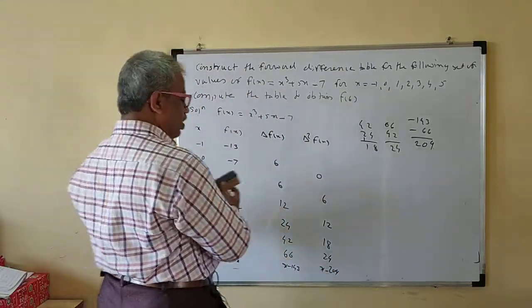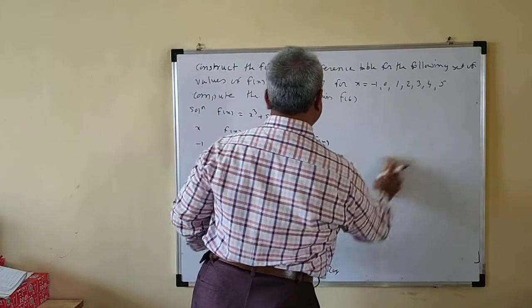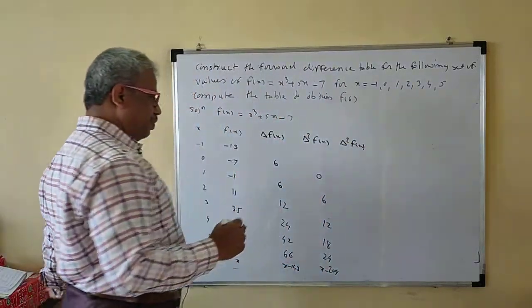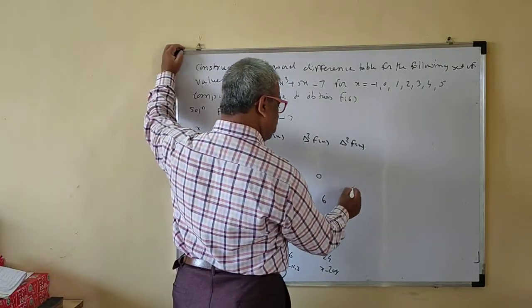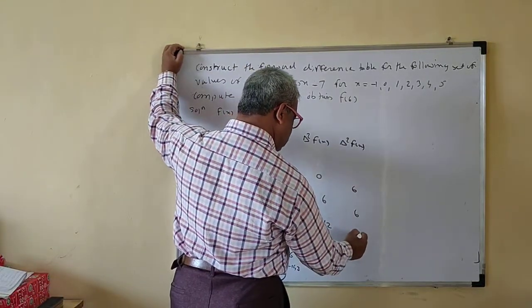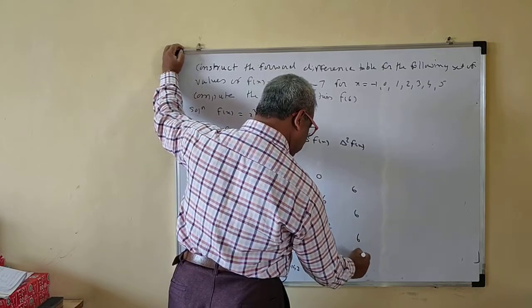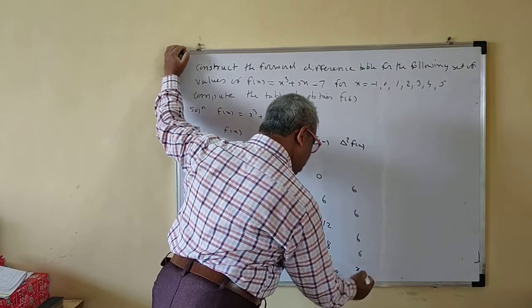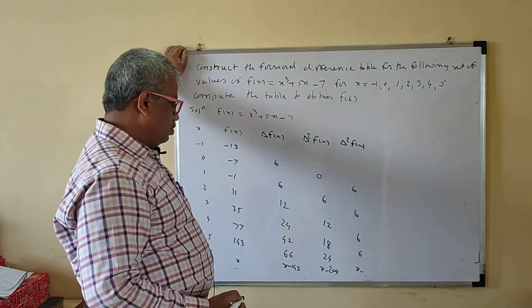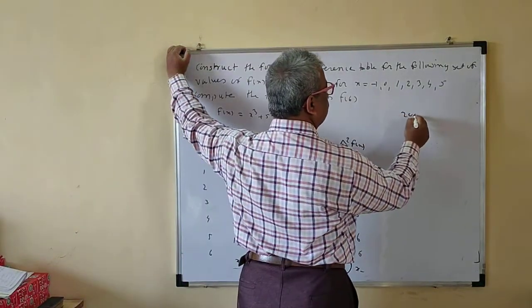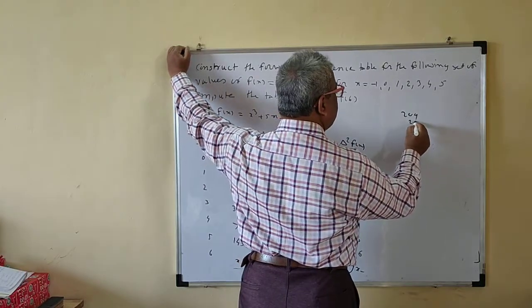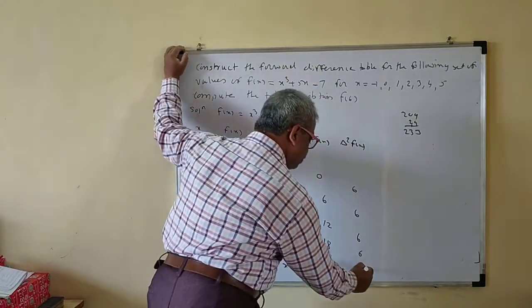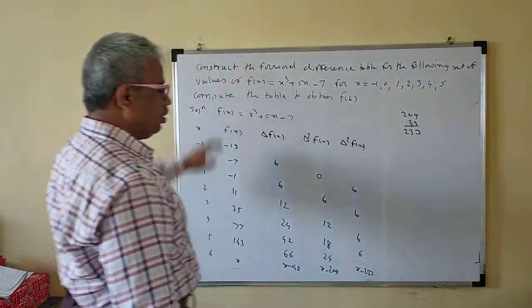Then you have to find del cube f of x. 6 minus 0 is 6, this is 6, again this is 6, this is 6. Then x minus 209, 233, and so on.